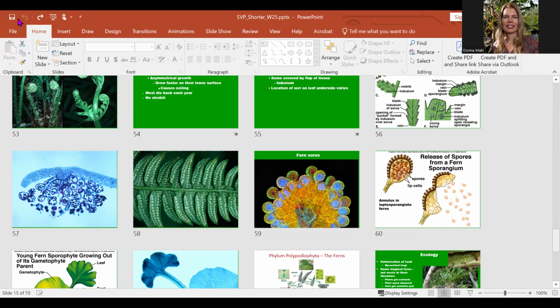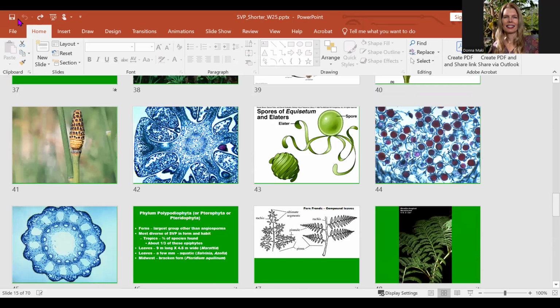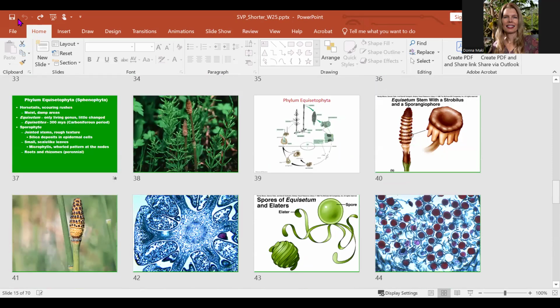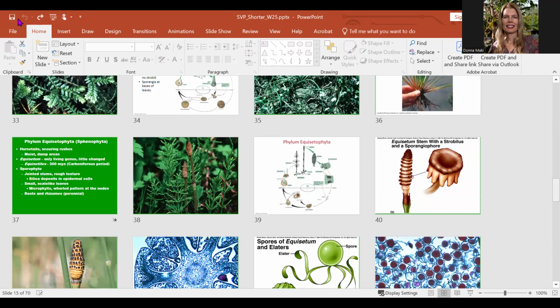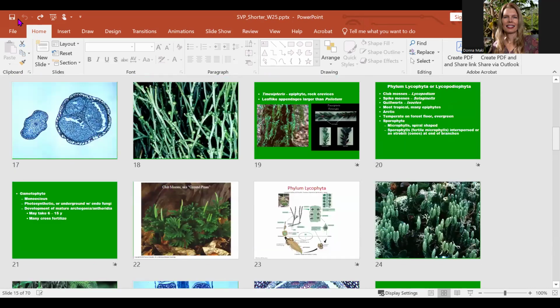Other questions on the seedless vascular plants? Yes. So know the organisms, and so with the Lycophyta: club mosses, spike mosses, quillworts. I'll probably refer to them that way rather than their genus names.